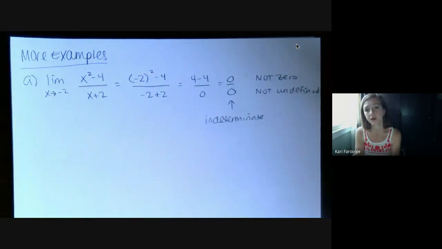That means that you can't make a conclusion regarding the actual value. So you have to do a little bit more work here in order to find the value for the limit.